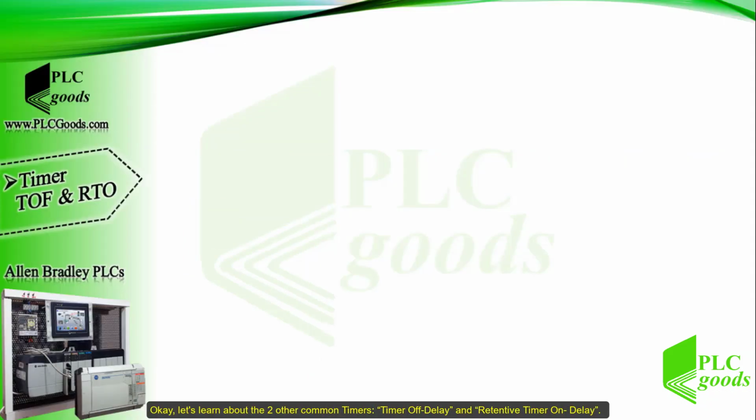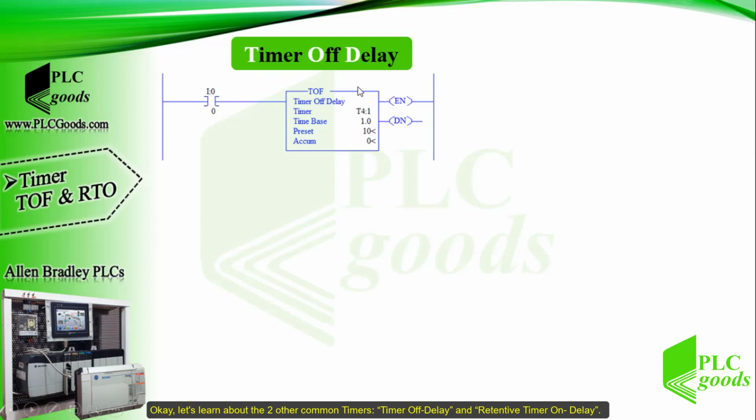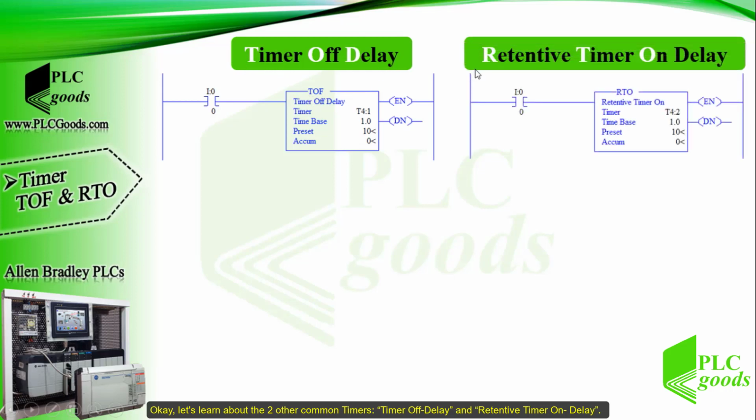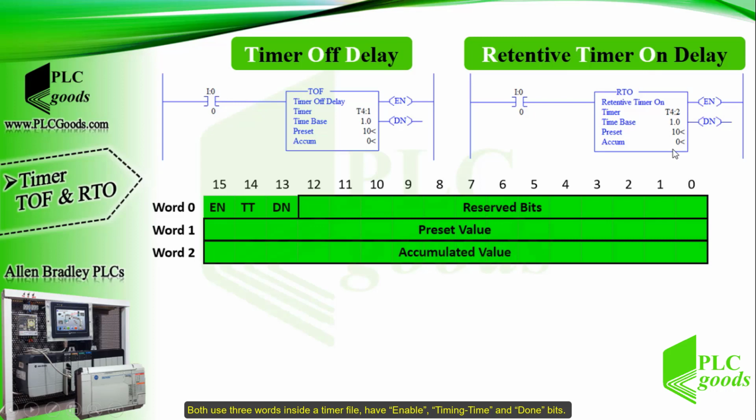Okay, let's learn about the two other common timers, timer off delay and retentive timer on delay. Their structures are similar to the on delay timer. Both use three words inside a timer file, have enable, timing, time, and done bits.